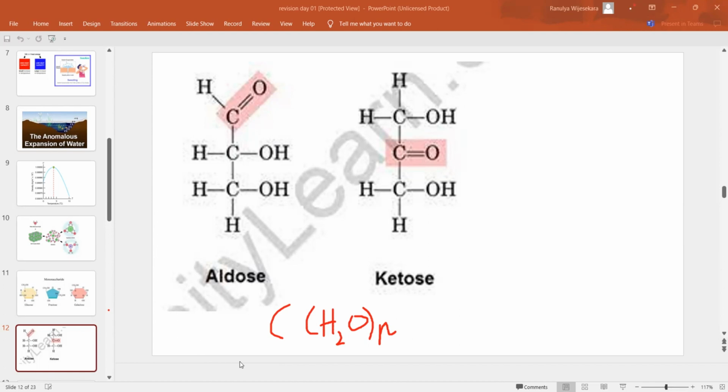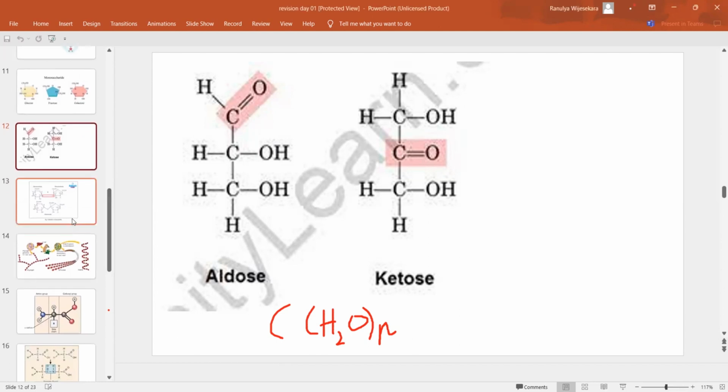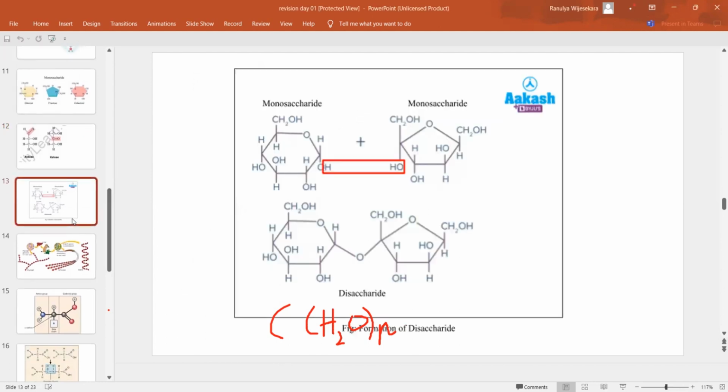Right. Next one, disaccharides. Disaccharide. Di කියන්නේ මොකද්ද? 2 කියන එකනේ. monosaccharides දෙකක් එකතු වෙලා, right? Disaccharide එකක් හැදෙනවා, right? So disaccharide contain 2 monosaccharide units. හරිද?